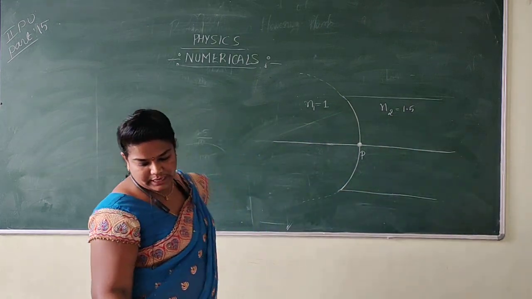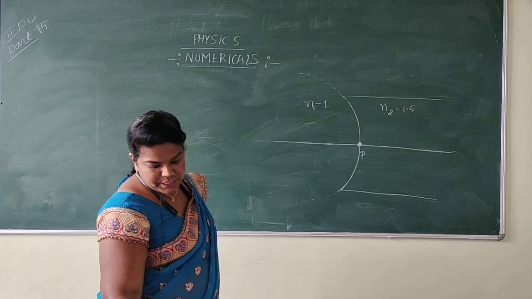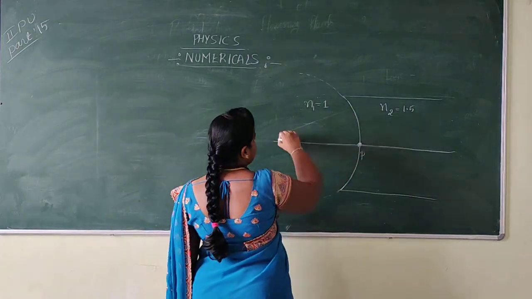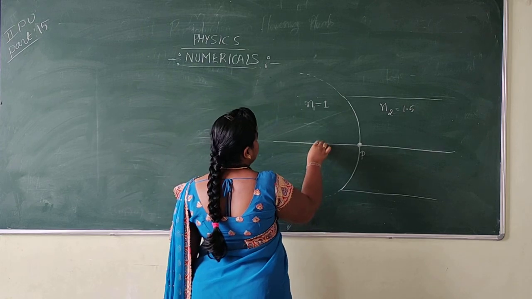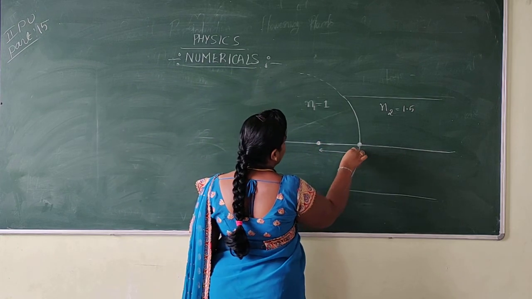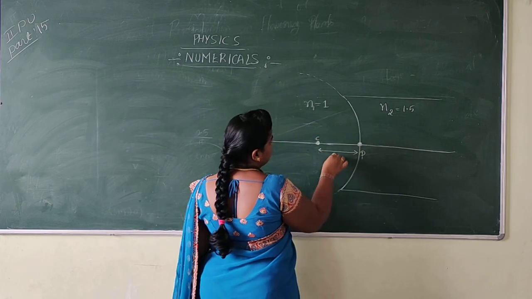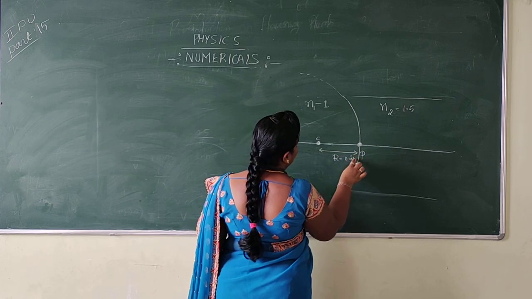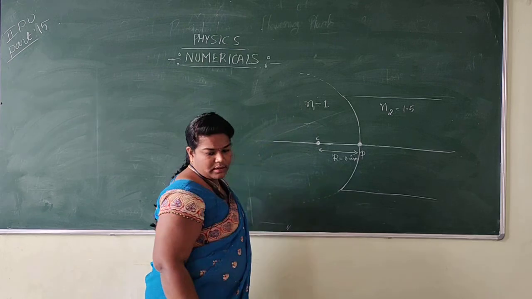Next, what is the radius of curvature? 0.2 meter. This is the center of curvature, and the radius of curvature is 0.2 meter.